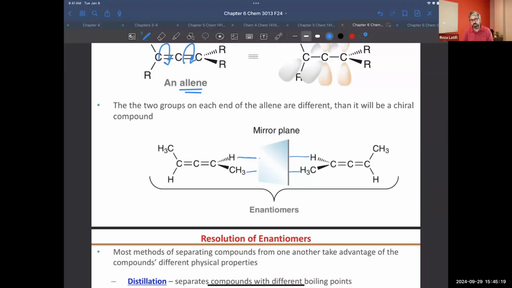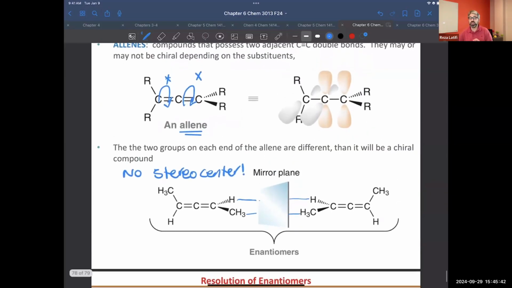Are they mirror images of each other? Yes, they are mirror images of each other. Do I have a stereocenter? No, no stereocenter. So is it possible to call it chiral without having a stereocenter? Yes. This molecule, like the previous one, doesn't have a stereocenter, but because of the two double bonds, the system will be stuck or locked in a specific position.